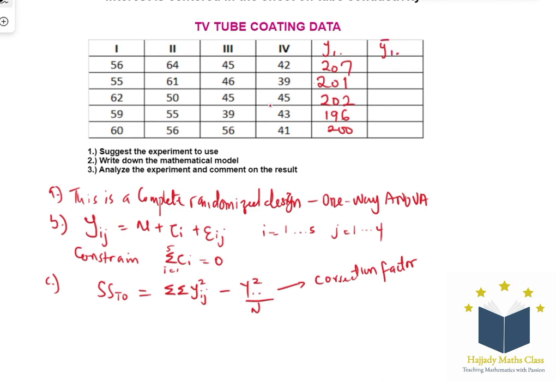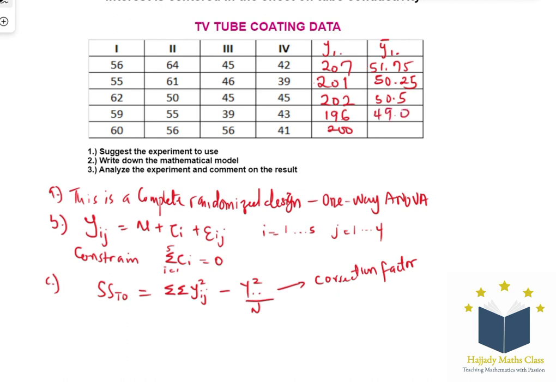So my yi dot bar can be calculated by dividing by the total, which is 4. 207 divided by 4 gives 51.75. 201 divided by 4 gives 50.25. 202 divided by 4 gives 50.5. 196 over 4 gives 49.0.